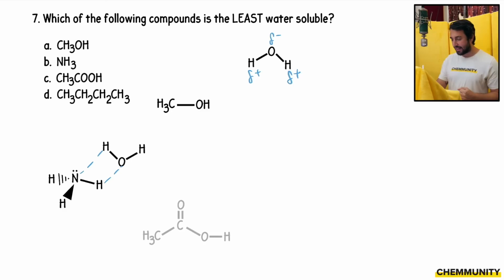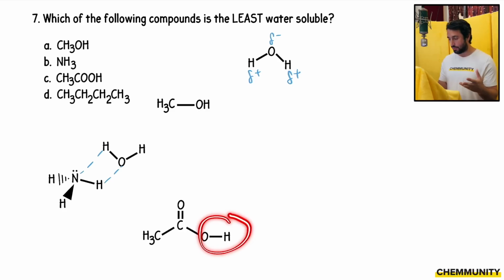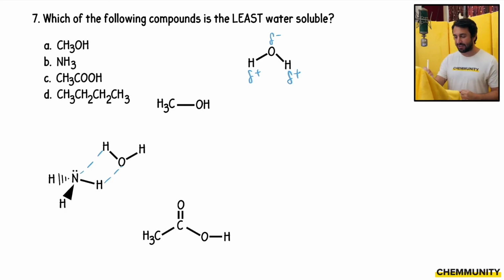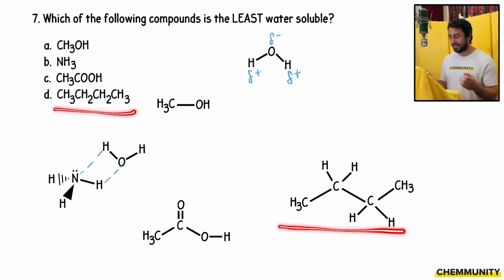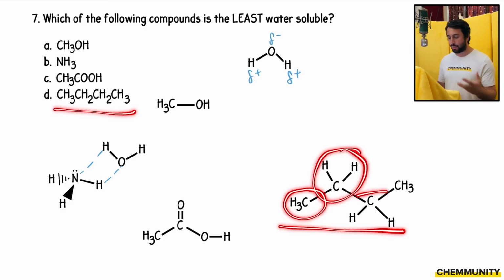Now we look at acetic acid, and we see that acetic acid also has this OH group. And so this is also going to be able to interact with water molecules in a very similar way. In fact, it also will do some acid-base reactions. But even the intact acetic acid molecule, this OH group will be able to do these kinds of interactions with water molecules. The only one that can't do any of these things is butane. Butane has all C-C and C-H nonpolar bonds.